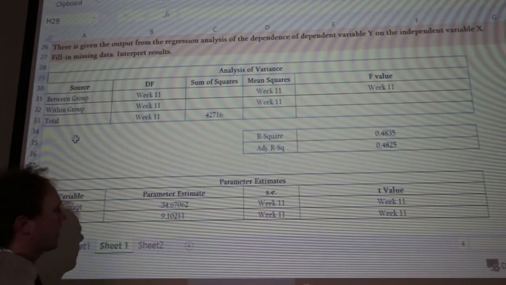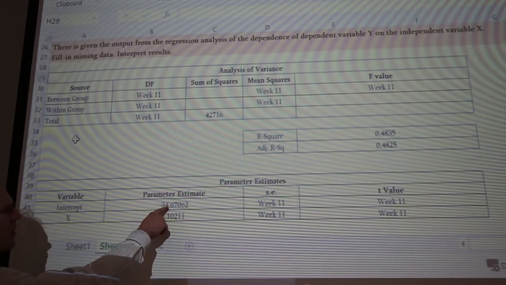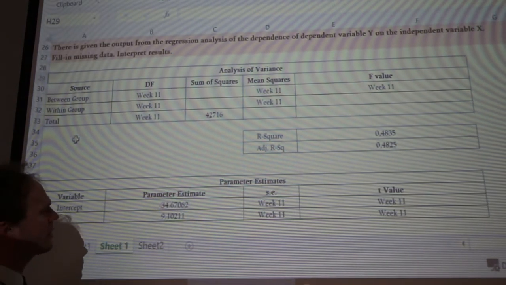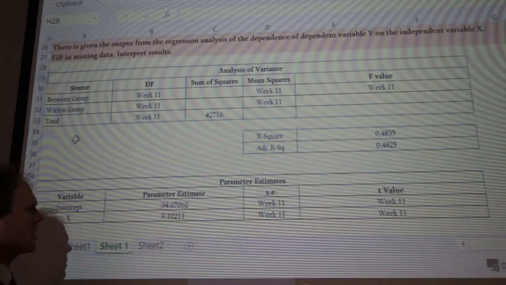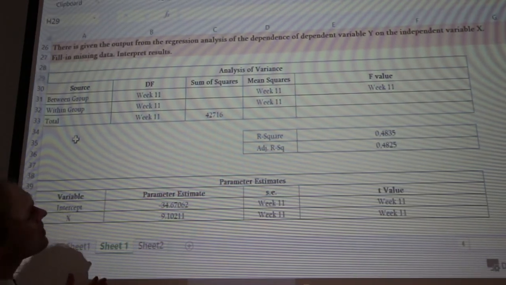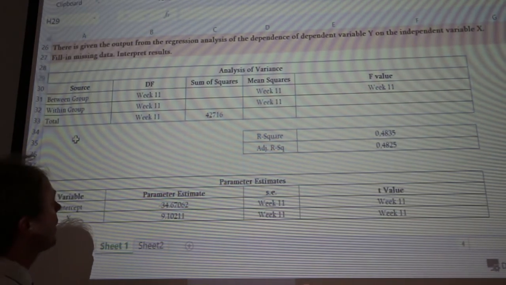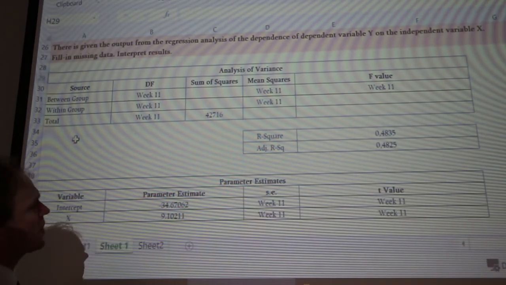This is a classical regression line. Minus 34 point something is the intercept, and the slope is positive 9.1. We would like to fill in missing data and speak about the results.